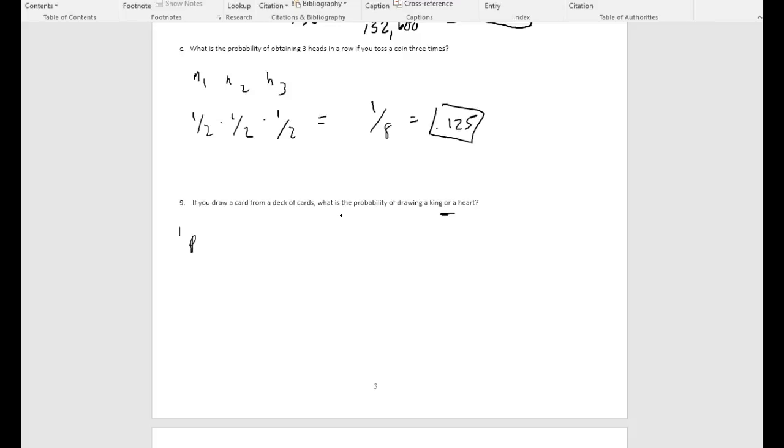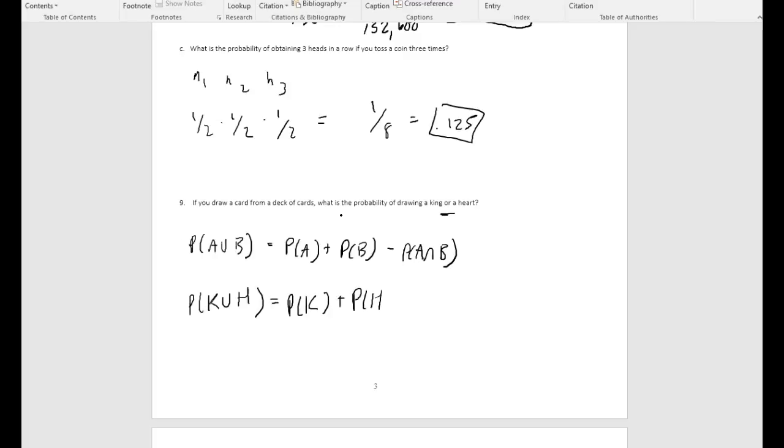So our formula is going to be the probability of A or B is equal to the probability of A plus the probability of B minus the probability that they occur at the same time, A and B. Okay, so the probability of K or H is the probability of K plus the probability of H minus the probability of K and H. The probability of king would be 4 of 52, right, there's 4 kings in the deck out of 52 cards.